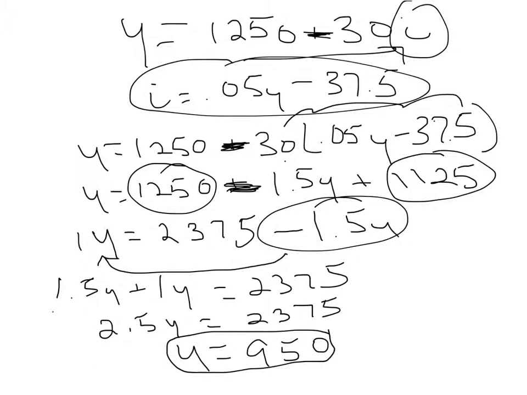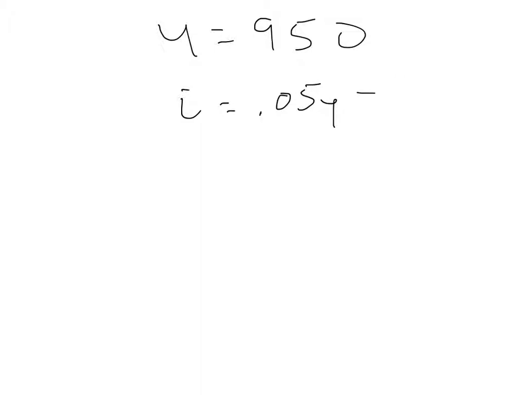Next, we're going to find out what your equilibrium interest rate is. So I'm going to take this, I'm going to go to the next slide. We know that Y is equal to 950. And we also know that I is equal to 0.05Y minus 37.5.